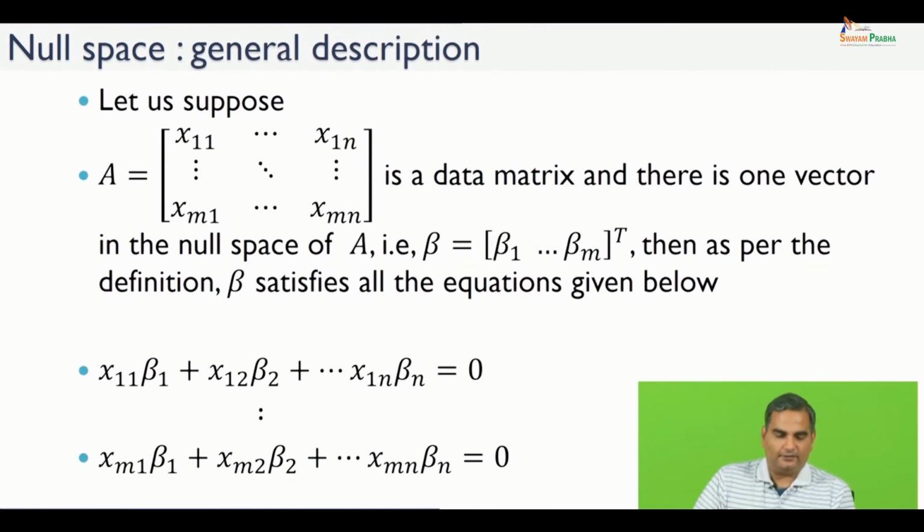Now let's look at this in a little more detail to understand how we can use these null space vectors. Let's assume that I have a matrix such as this.